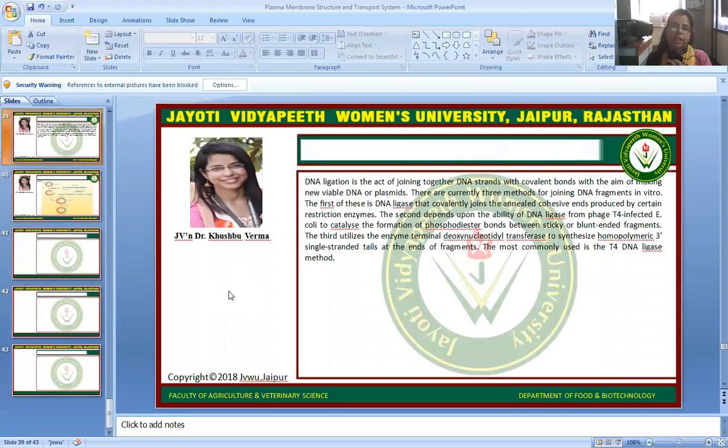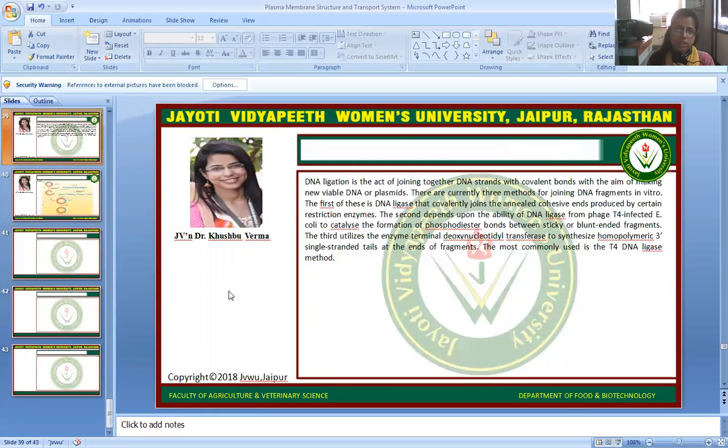As we know, DNA ligation is the act of joining together DNA strands with a covalent bond with the aim of making new viable DNA or plasmid. There are currently three methods for joining DNA fragments in vitro. The first is DNA ligase that covalently joins the annealed cohesive ends produced by certain restriction enzymes.